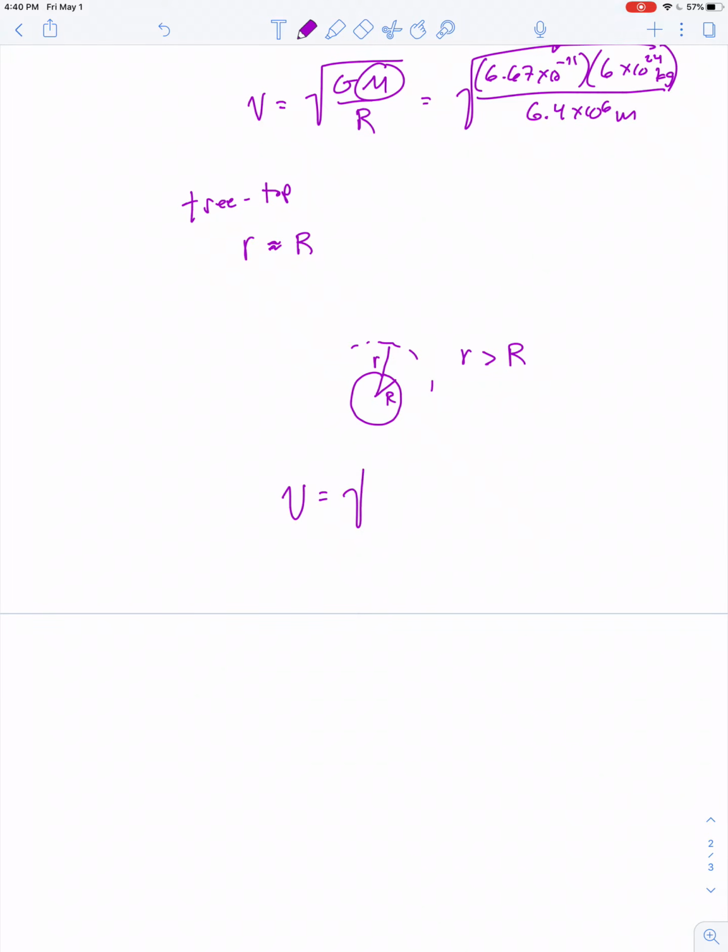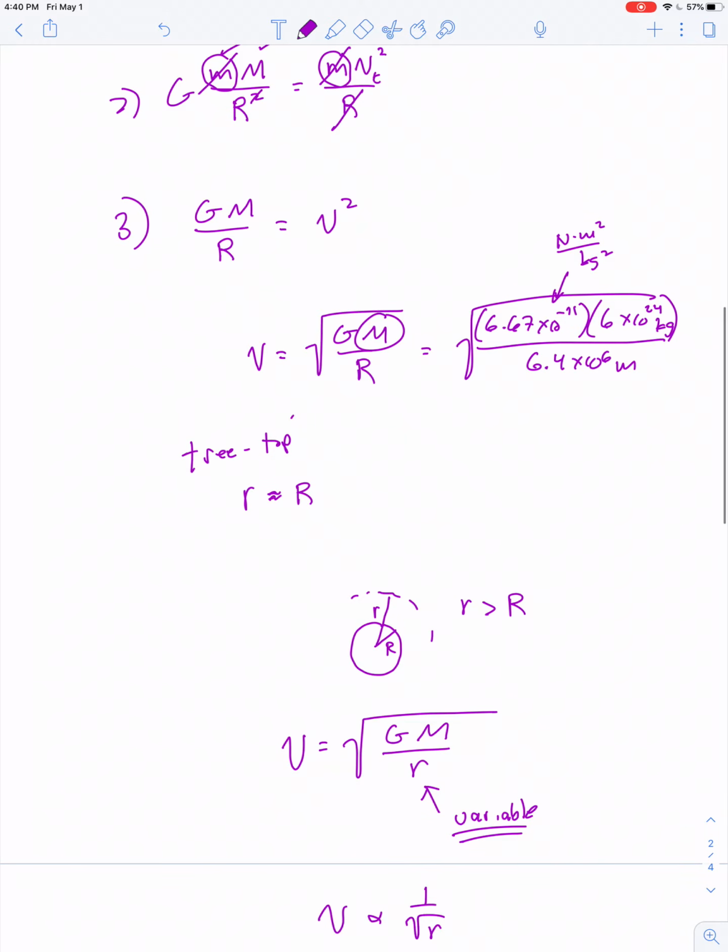The speed would be the square root of GM over little r, and this r as a variable could be any value. Since there's an inverse proportionality, the speed of a satellite would be inversely proportional to the square root of the distance. The farther away a satellite gets, the smaller its tangential velocity in its circular orbit.